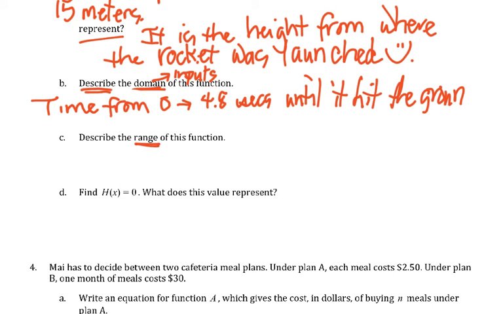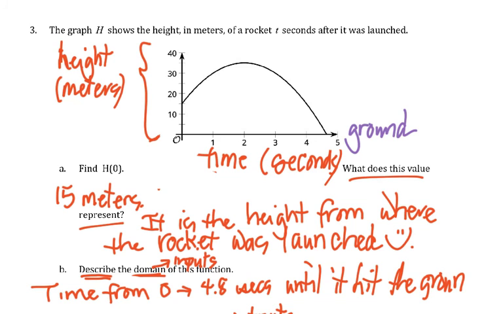All right. Now it says to describe the range. So remember, what is range? Range are all the outputs. Okay, so when I talk about the outputs, I'm looking at the height. So what we're going to do is we know that right here is where it hits the ground. So from here and to the maximum part right there of how high did my rocket get.